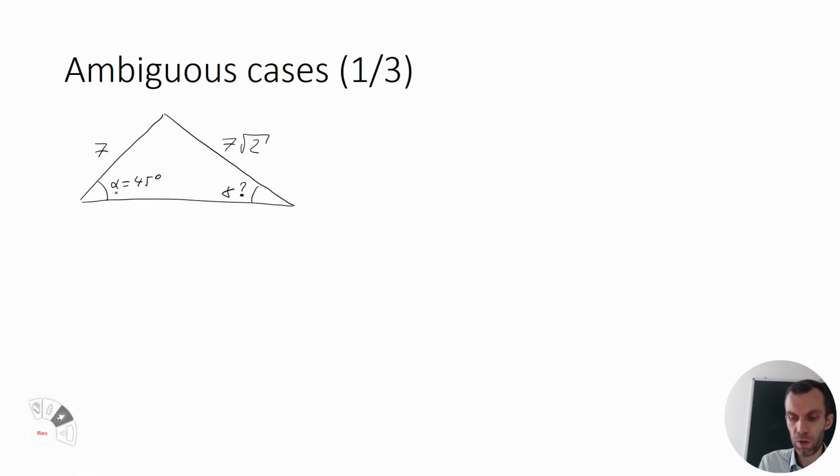So you say, okay, I have an angle and a side here, and I have another side, and I want to find gamma. So I can use the sine formula, that's correct. Let's plug things in. Sine 45 degrees divided by 7 square root of 2 is equal to sine gamma divided by 7.